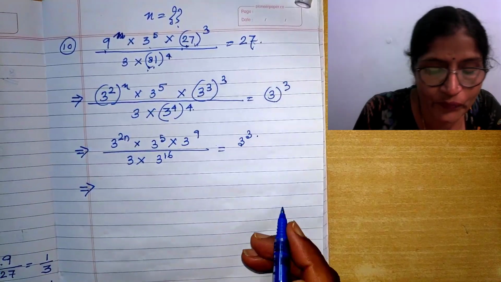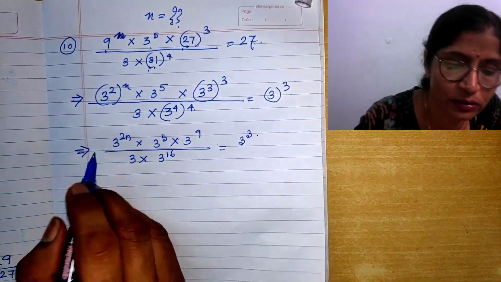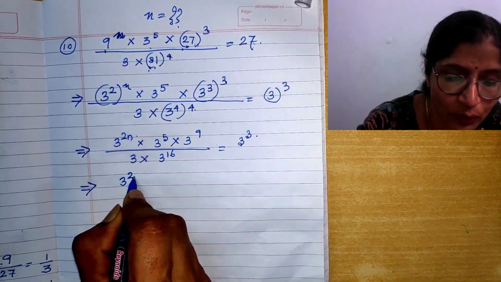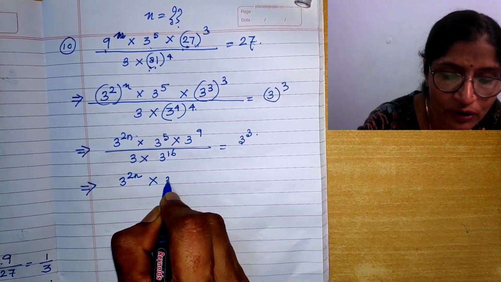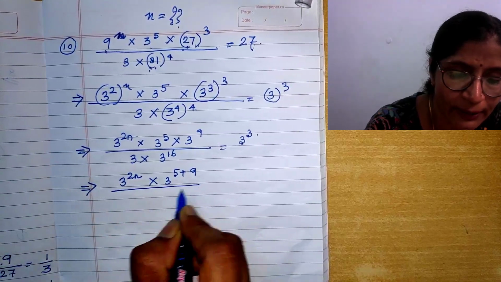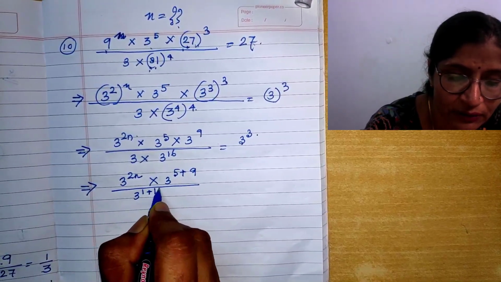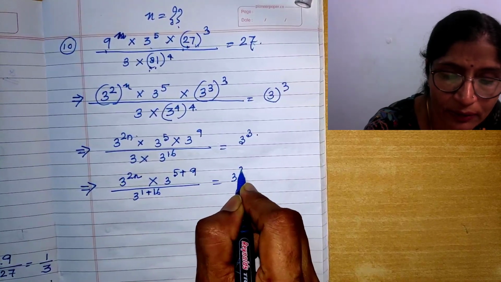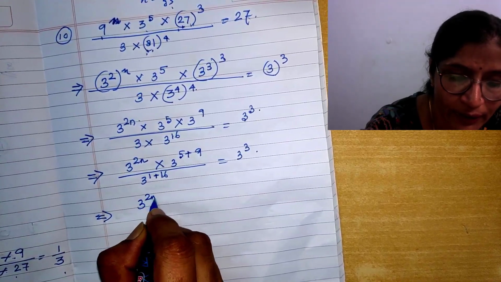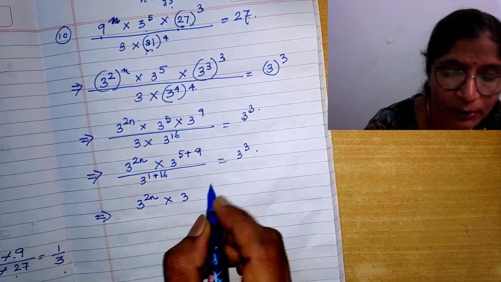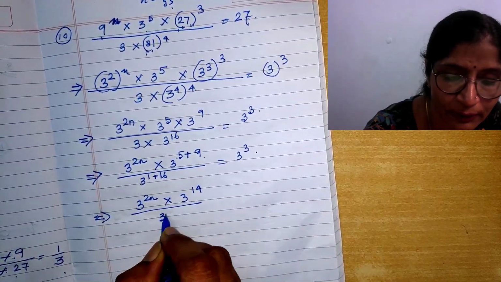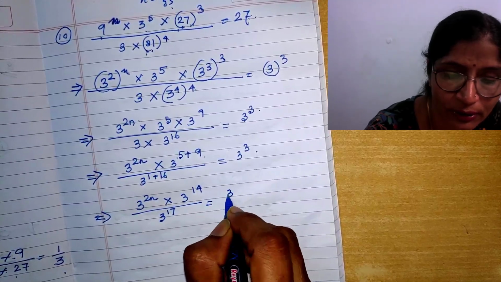Therefore it is 3 to the power 2n into 3 to the power 5 plus 9, divided by 3 to the power 1 plus 16, is equal to 3 to the power 3. That is 3 to the power 2n into 3 to the power 14 divided by 3 to the power 17 is equal to 3 to the power 3.